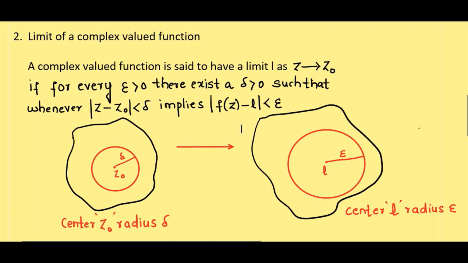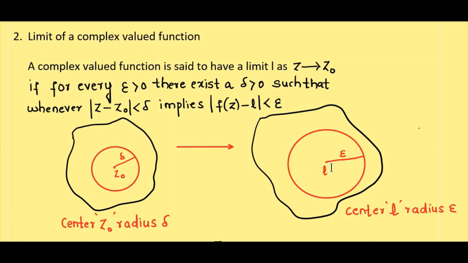Now what this definition says is that for every epsilon radius circle with center L, there exists a delta radius circle with the center at z0 in the z plane. So whenever z approaches z0, the corresponding value of f of z also approaches the limit L. But it can approach in any direction.